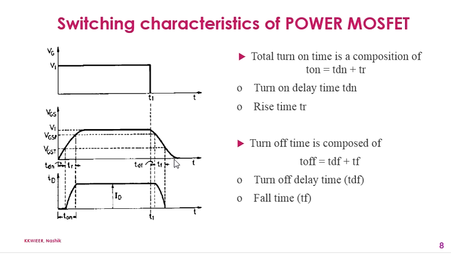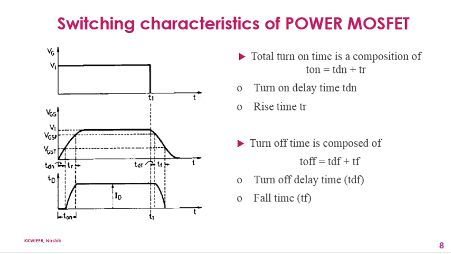So when VGS is less than or equal to VGST, the MOSFET is turned off completely. So this is about the switching characteristics of the power MOSFET. You have to focus on the initial time duration, turn on time, and the last, that is turn off time, of this graph.